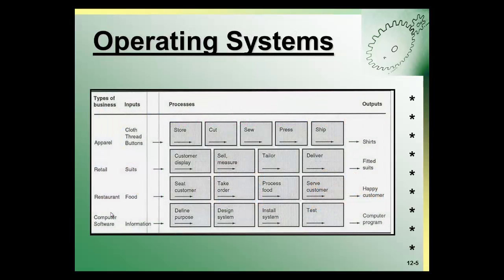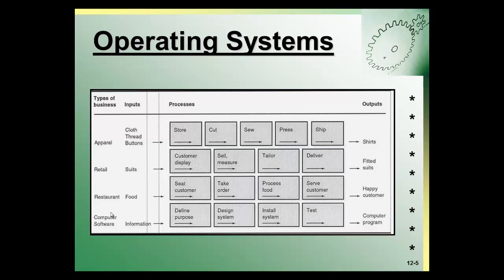Now, if we look at figure 12.1 shown in this slide, we are presented with examples of inputs, processes, and outputs. In the production of shirts, in the top one, the apparel business will combine cloth, thread, and buttons through a process that will move these inputs from storage to cutting to sewing to pressing to shipping.